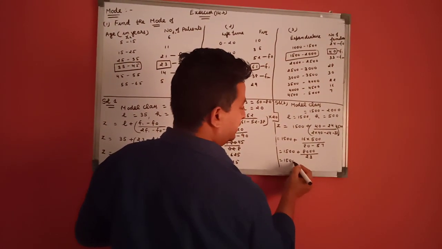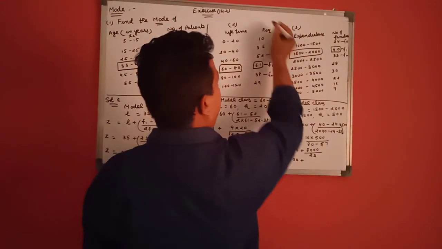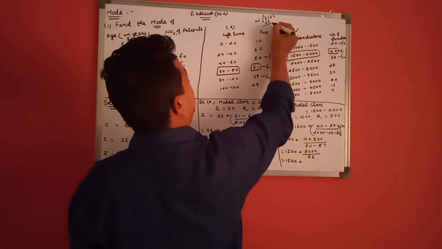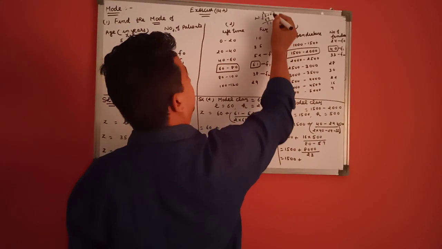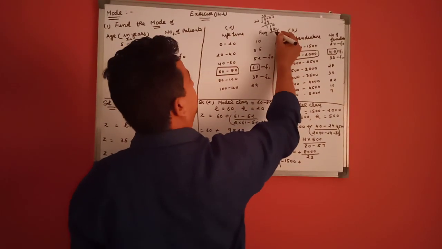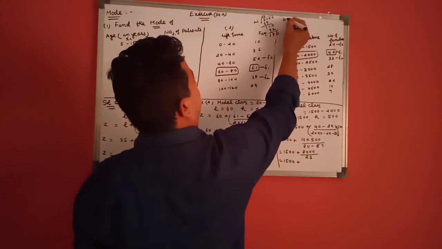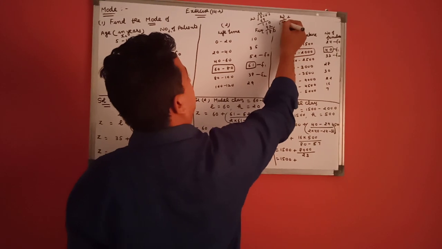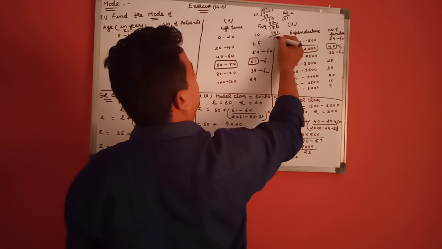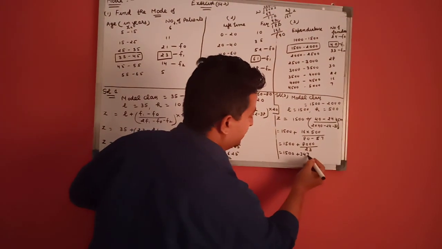When we divide 8000 by 23, we get 347.8.